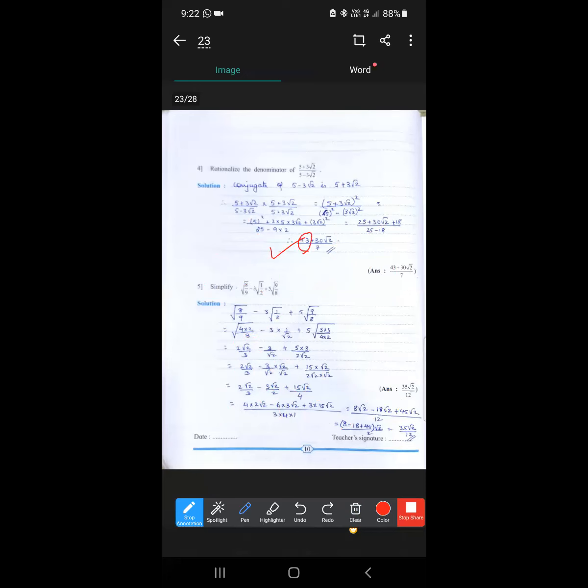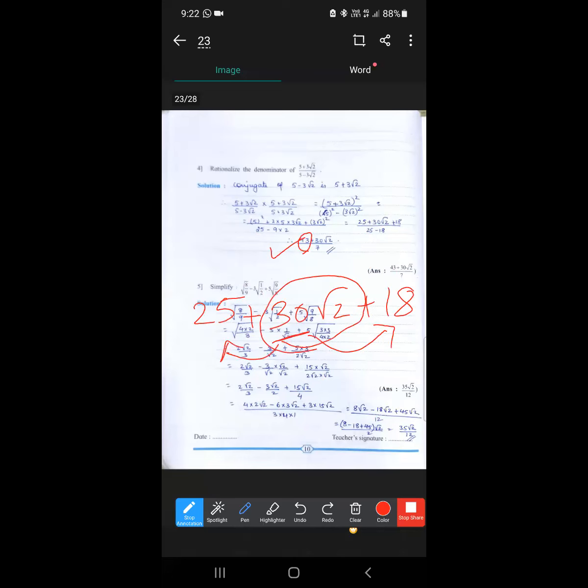Now see students, it is 25 plus 30 root 2 plus 18. Now this particular term is a surd. We cannot add this 30 with the 25 or with 18.